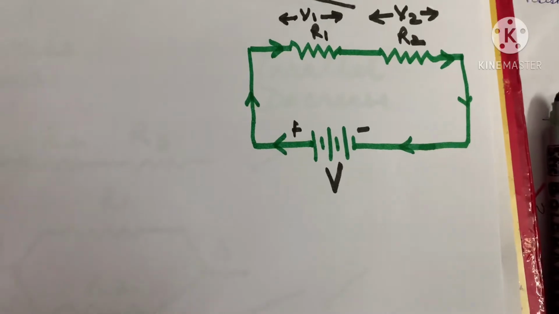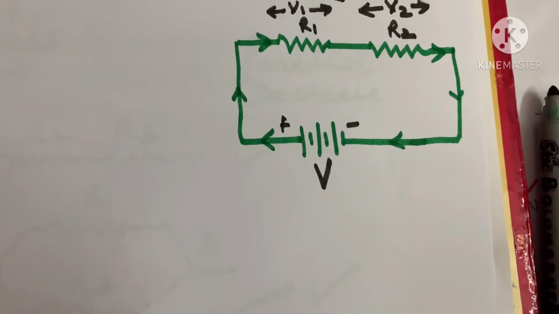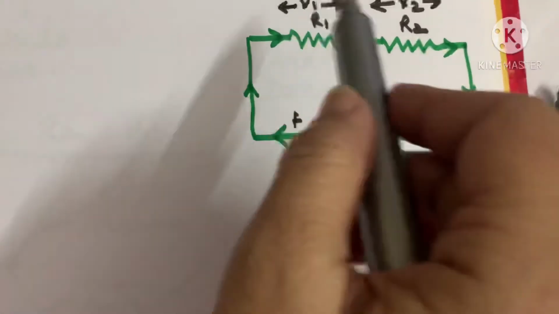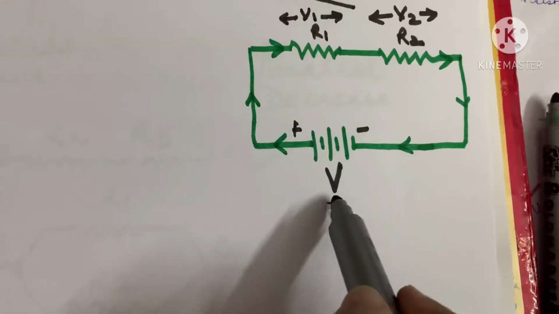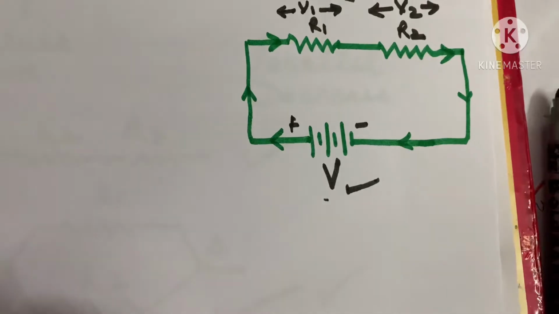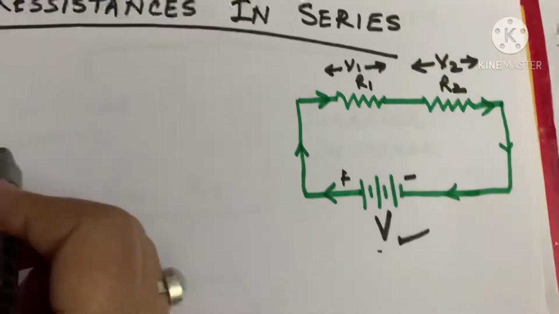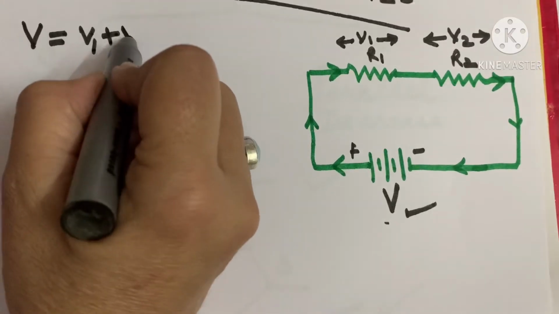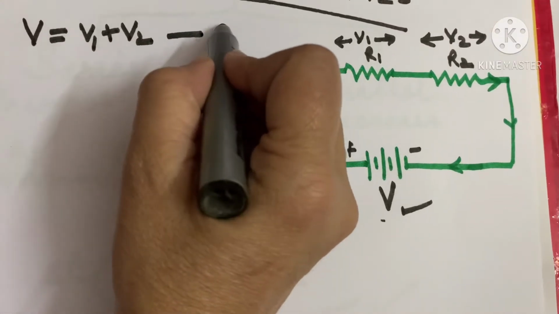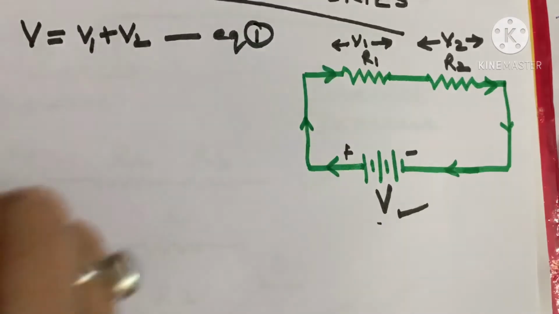But the total potential difference across the ends of all the resistances in series is equal to the voltage of the battery. So we can write: V is equal to V1 plus V2. This can be our equation 1.